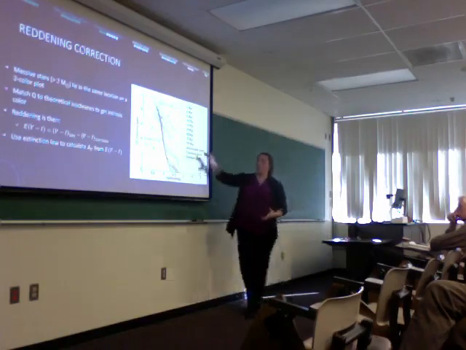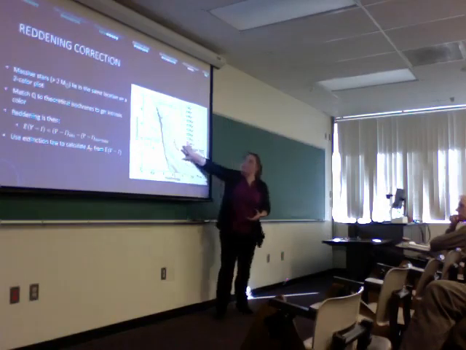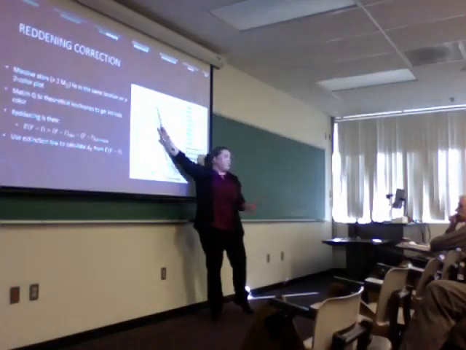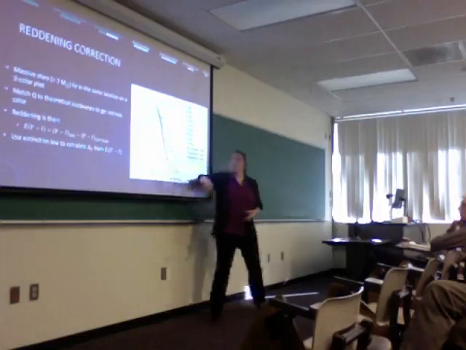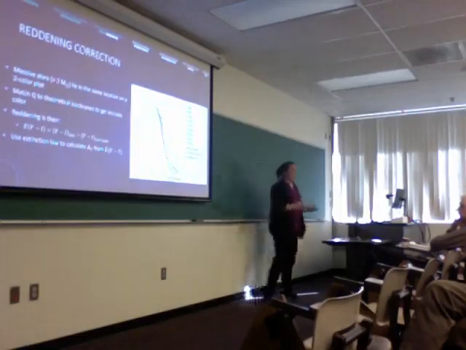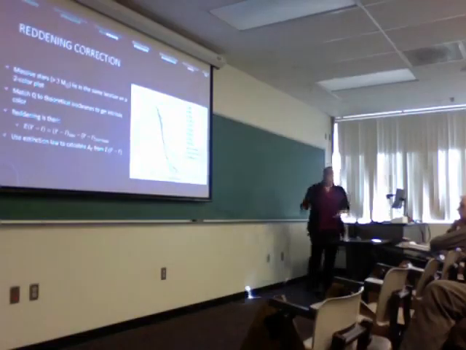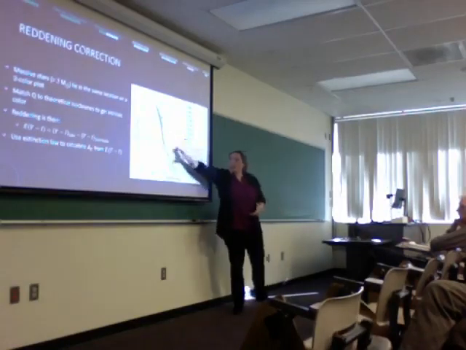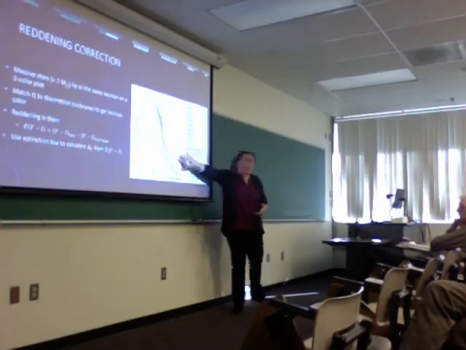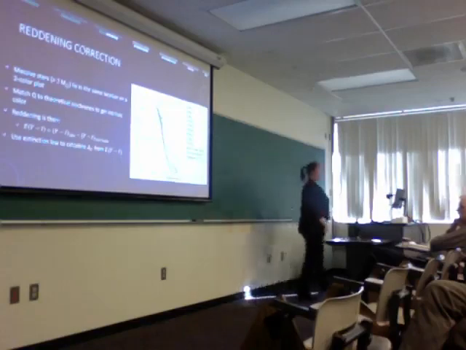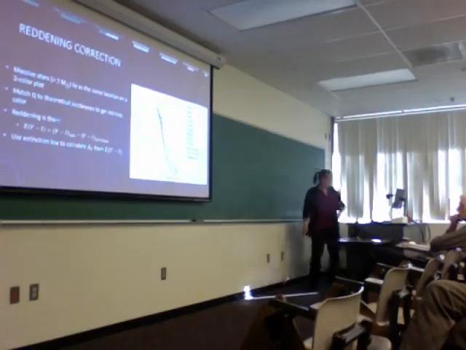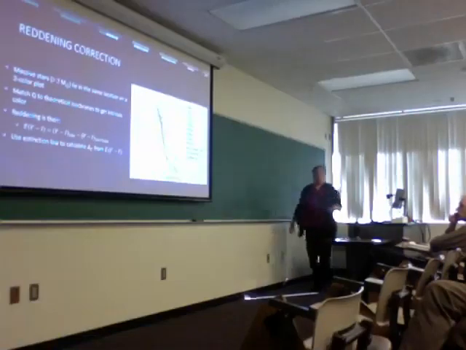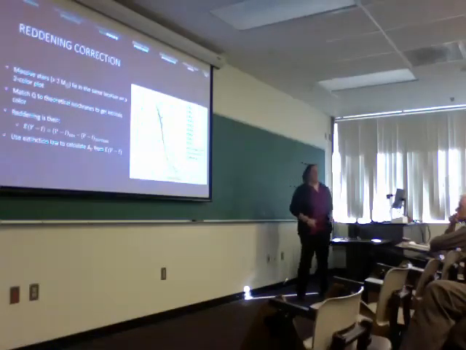So we observe a bunch of stars here. These are the red points. All we have to do is back them up along the isochrone to where they're supposed to be in a color-color diagram, using that Q value to guide us. And we can then get the difference between the actual color and the observed color to get our extinction value for that star, using some reddening law. For the rest of this, we'll be using a Milky Way reddening law, which is reasonable for pretty much every galaxy in the sample.